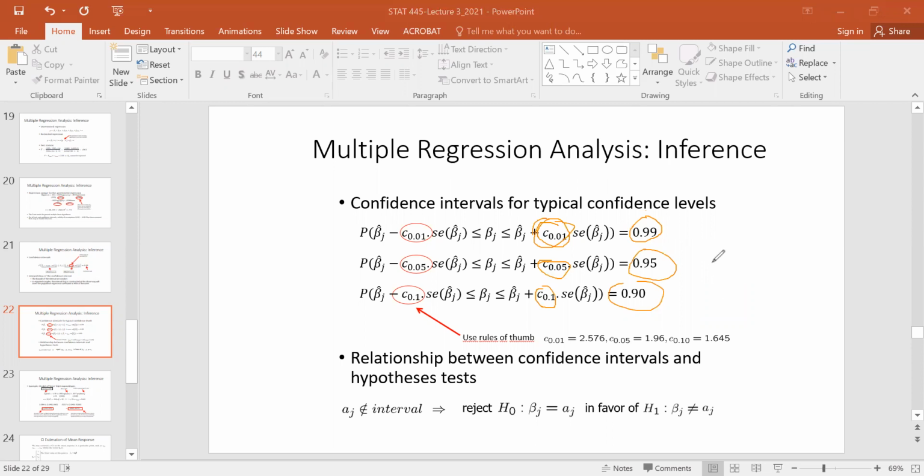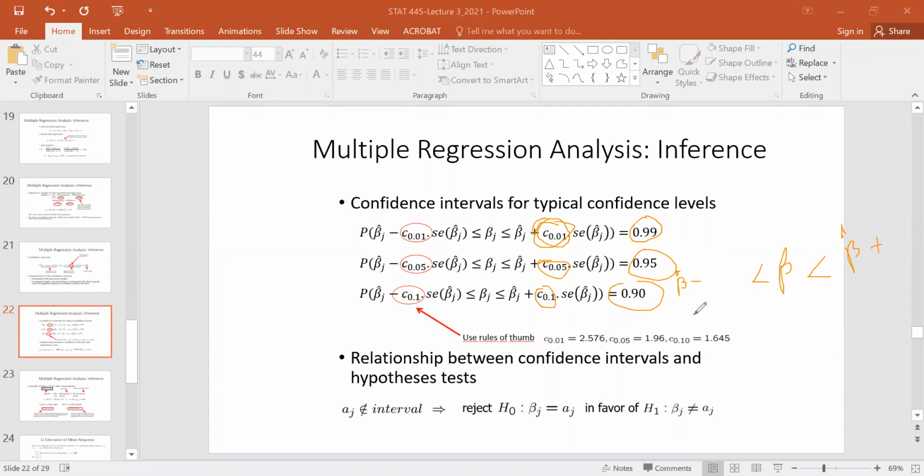It is always going to have the true parameter here. Then you are going to have the estimated value minus something, and the estimated value plus something.